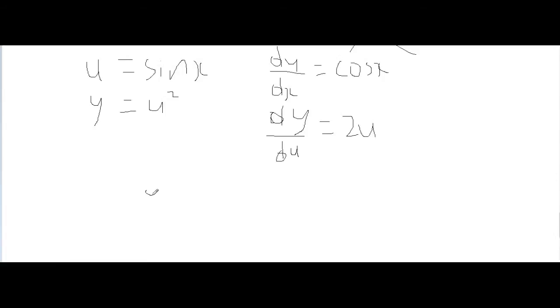We'll have dy/dx equals 2u cos x. But we don't want u in our final answer, so we can re-substitute sin x for u, and our answer will be 2 sin x cos x.